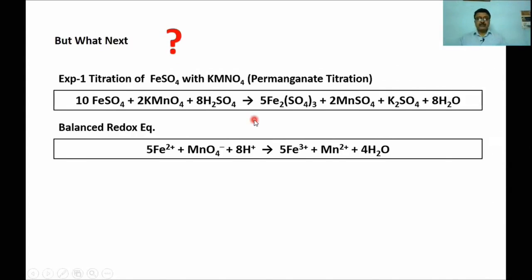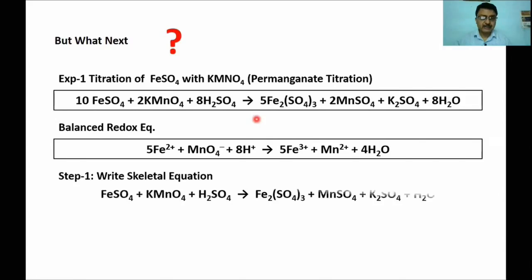So let us do a small exercise. First, how to balance a redox equation, right? Then we shall proceed further. So step first, write a skeletal equation. A skeletal equation is nothing but an unbalanced equation, nevertheless featuring all the reactants and products. So this is our skeletal equation.